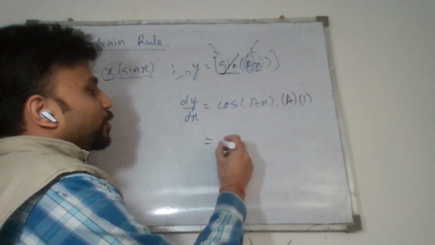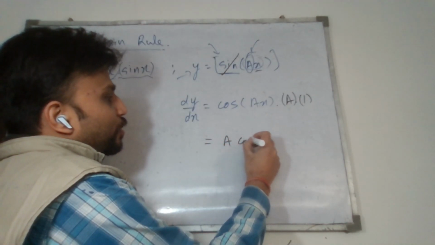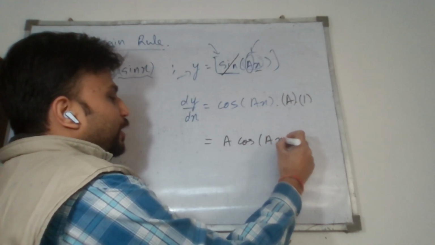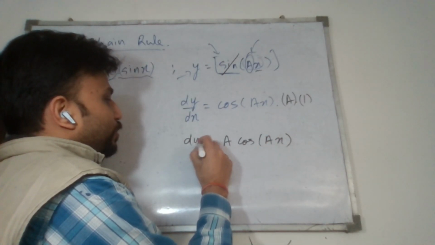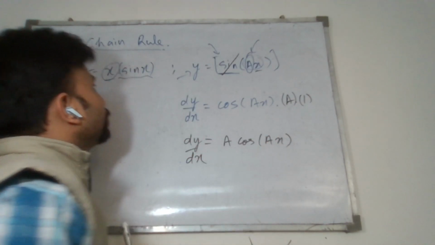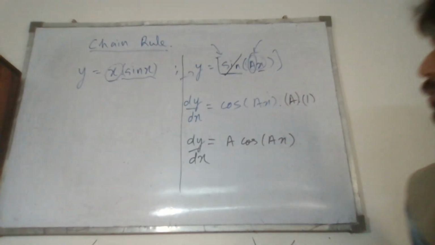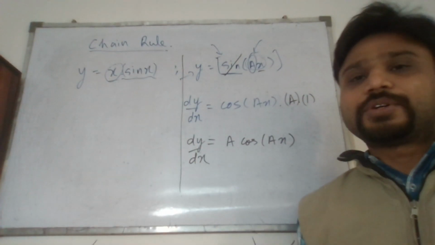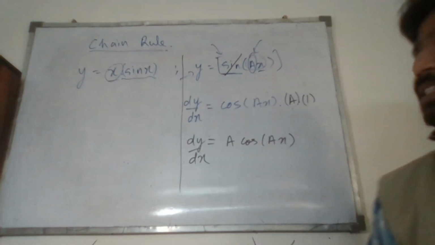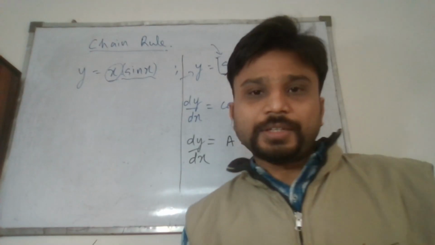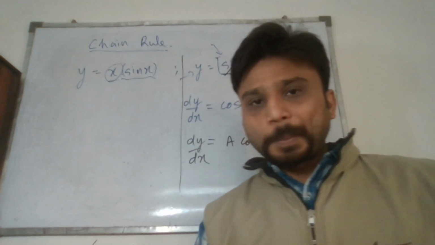This value comes out to be a cos ax. What about this x sin x if I have to differentiate? So x sin x we differentiate using the multiplication rule.